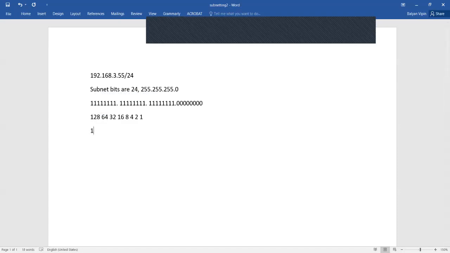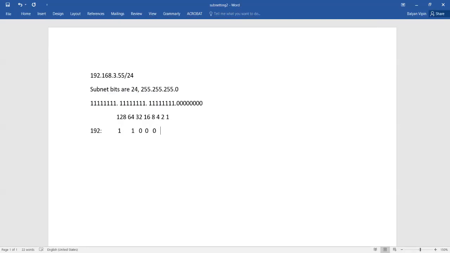So my 8-bit number has 1 here, 1 here, and the remaining are 0. I can just write them directly like this: the first two bits are 1, 1, and the remaining are 0, so it's two 1s and six 0s. This is the representation of 192.